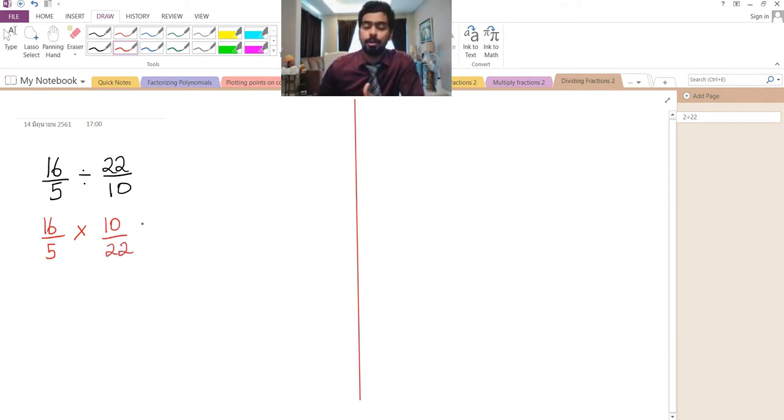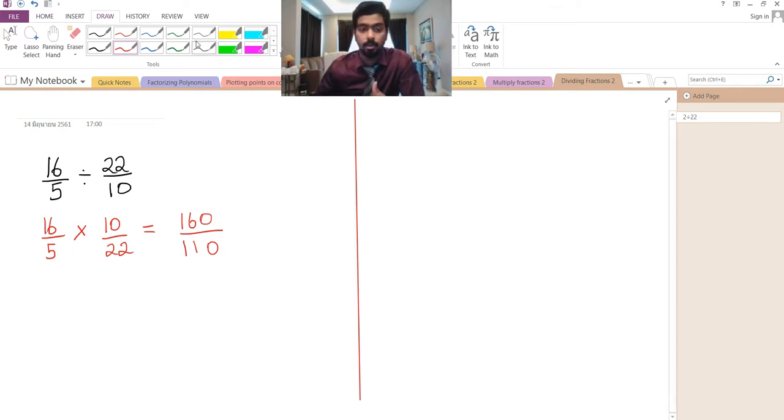Now, of course, if you take a look at this, let's do this using two methods. The first method would be multiplying the numerator with the numerator. So 16 multiplied by 10 gives us 160, and 5 times 22 would give us 110. Whenever we write the final answer of a fraction, we always want to write it in the lowest terms.